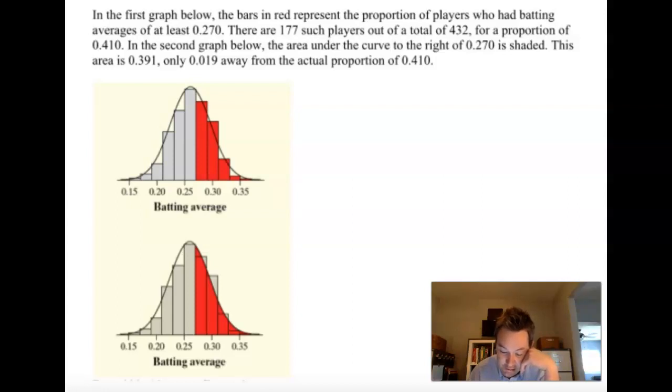In the second graph, the area under the curve to the right of 270 is shaded. This area is 0.391, which is only about 0.019 away from the actual proportion of 41%. So what we're illustrating here is that the density curve is an idealization, but it gets us very close to the true proportions that we're looking for.